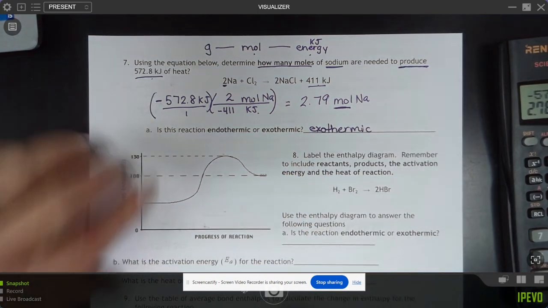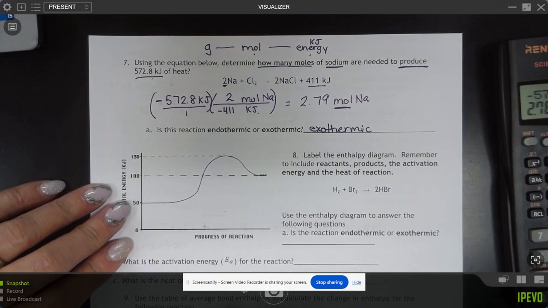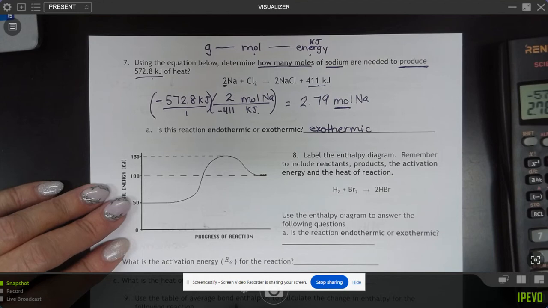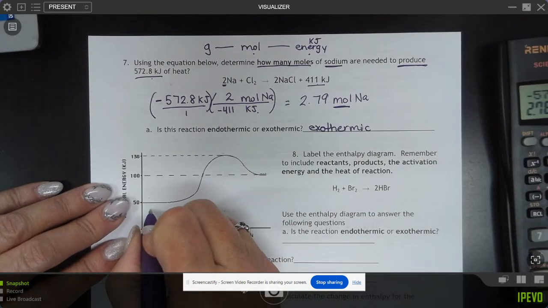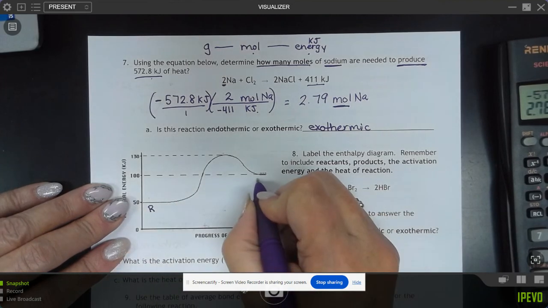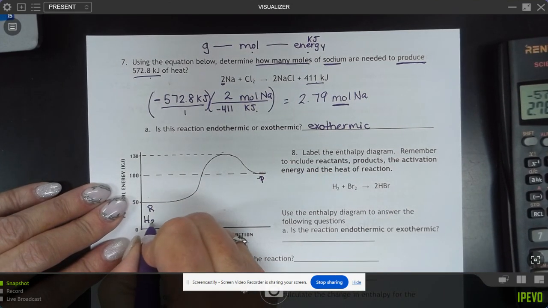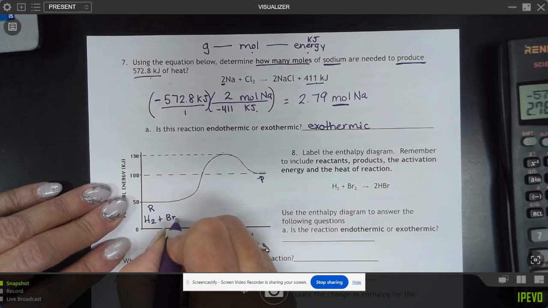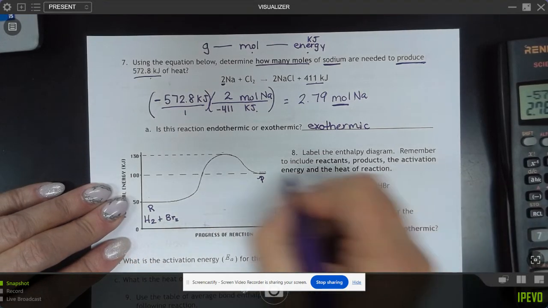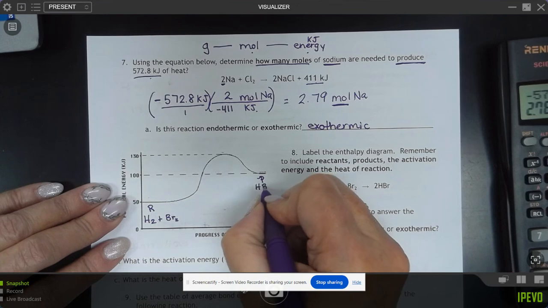All right, our graph. It asks us to label products, reactants, activation energy, and the heat of reactants. So you could have put R for reactants and P for products, but when I give you an equation, you could also put H2 plus Br2. Those are the reactants, and over here, HBr are the products.